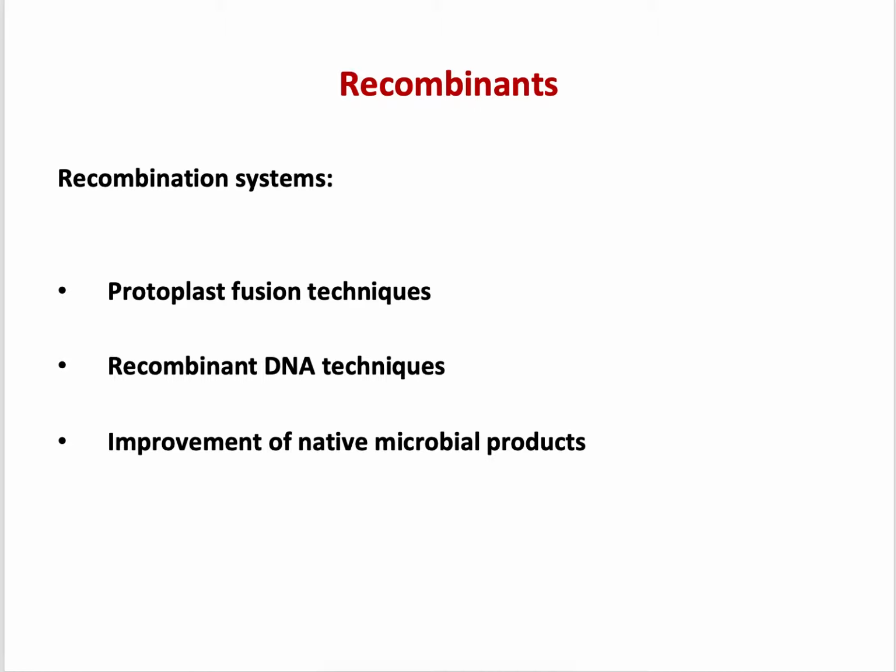For example, if we want to improve some trait, or introduce some new trait or characteristic into our microorganism, then we can transfer a foreign gene and introduce it into the cell, and make them recombinant. There are different techniques to do this, for example recombinant DNA techniques, protoplast fusion techniques, etc.